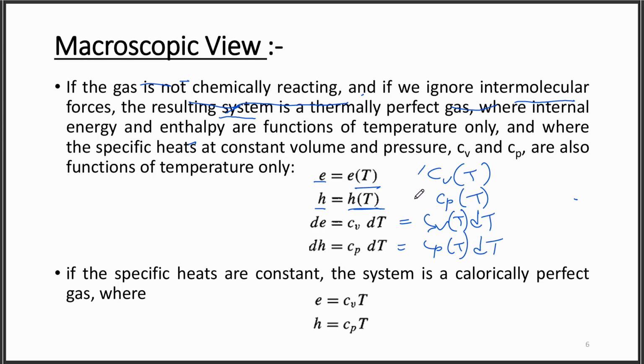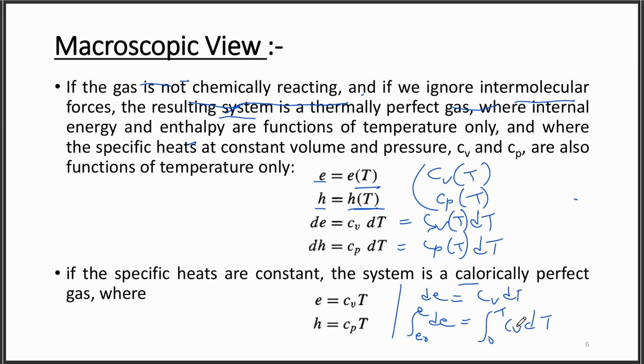If these specific heats are constant, not a function of temperature, then the system is a calorically perfect gas, where E equal to CvT and H equal to CpT. If we see from here, dE equal to Cv dT, if we take the integration of this, it will be integration of dE from E naught to E equals integration from 0 to T of Cv dT.